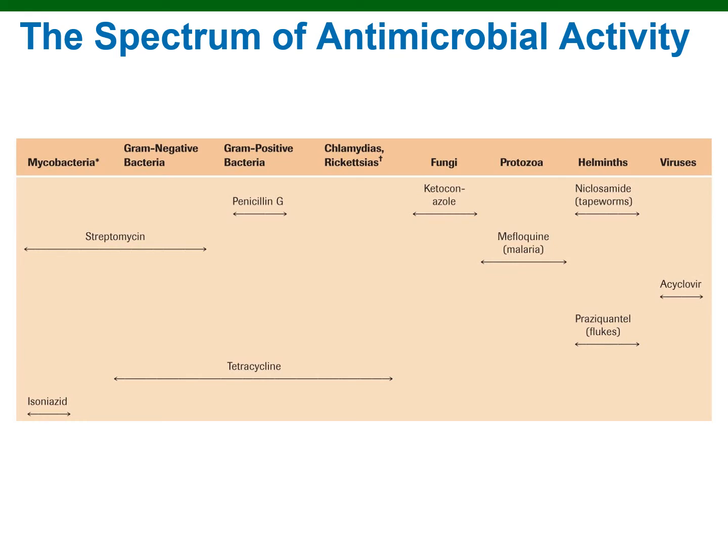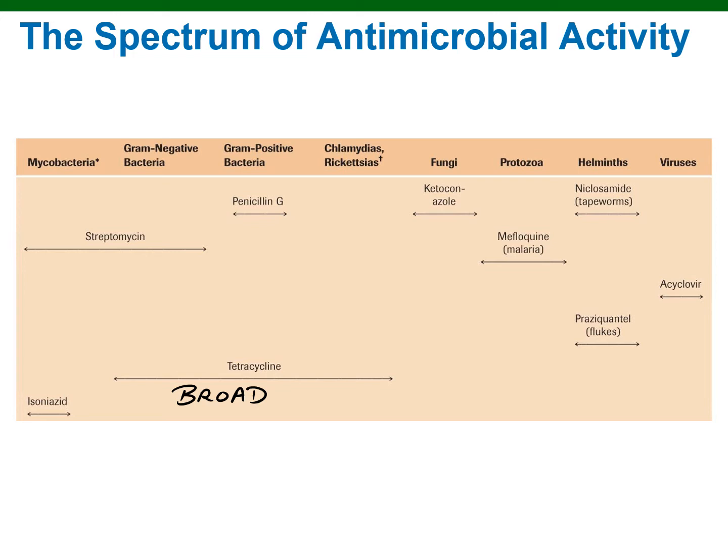Here's a table purely for reference. You don't have to memorize this, but it shows some broad spectrum drugs when compared to more narrow spectrum drugs. And so tetracycline would be an example of a broad spectrum antibiotic, as it can kill or treat both gram-positive and gram-negative infections.